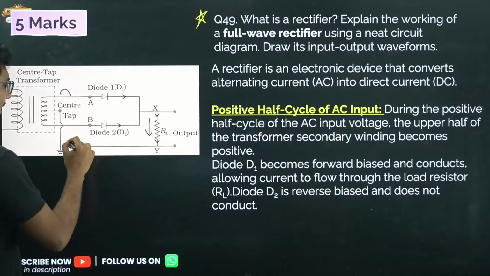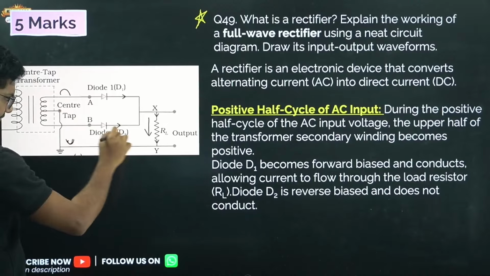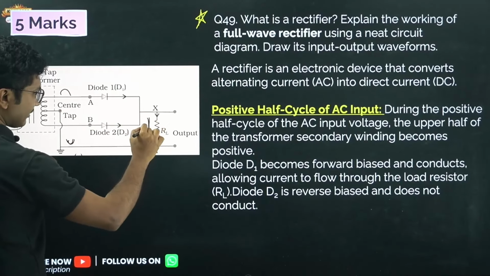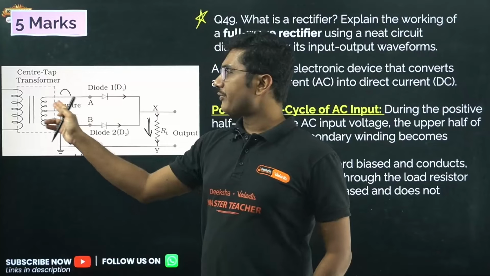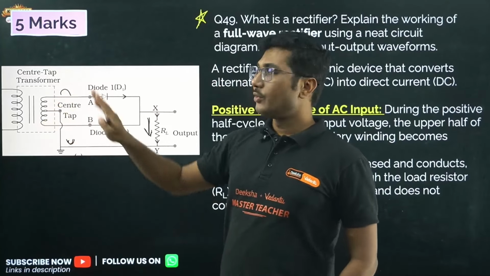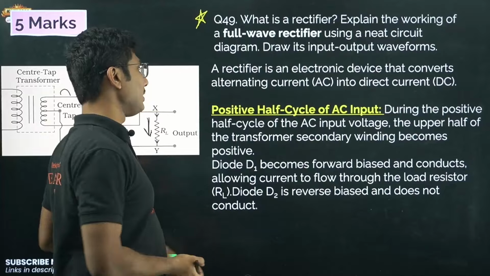In the negative half cycle, that is this one, this becomes forward biased, and again the current is passing in the same direction. In both positive and negative half cycles, because the reference is taken from the center, the diodes behave differently and conduct differently.